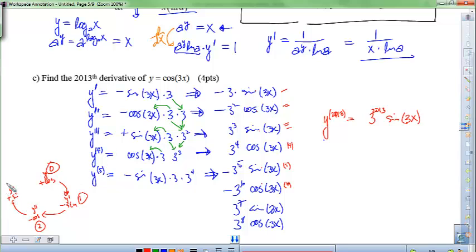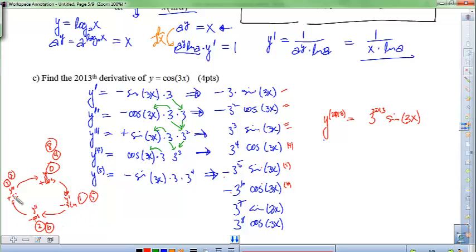And then your fourth derivative is cosine again. Your fifth derivative is negative sine. Your sixth derivative is negative cosine. Your seventh derivative is positive sine. And your eighth derivative is positive cosine.